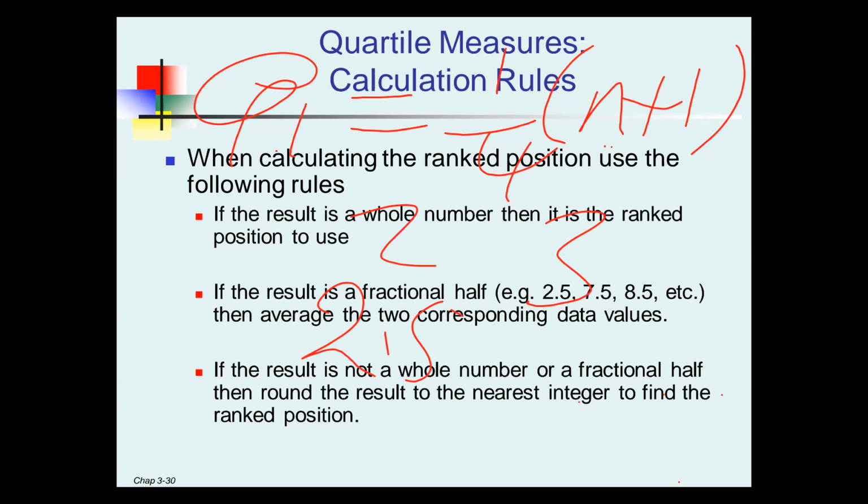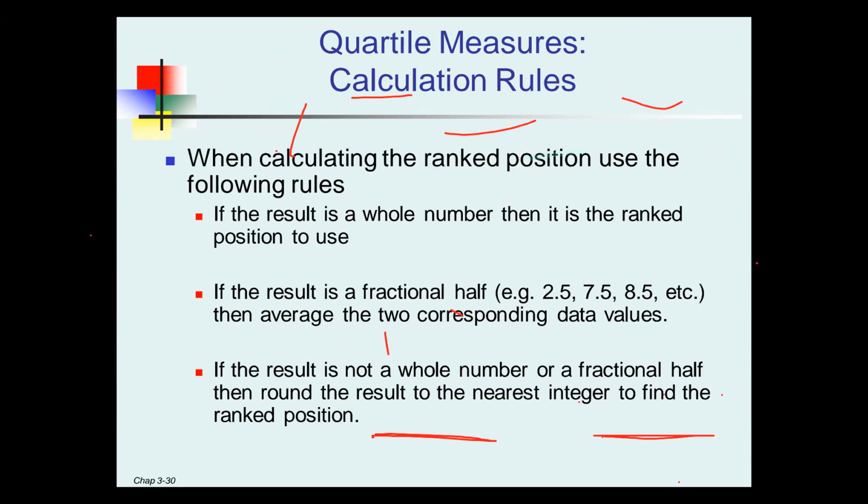So for the individual scores between position 2 and position 3, you add them and get the average. Did you get it? Yes, you average them. This one is just giving you the position. Then you go to those numbers that you arranged from the smallest to the biggest. You check the one on position 2 and the one on position 3, add them and divide by 2. That is how you deal with it if you find a fraction like that.